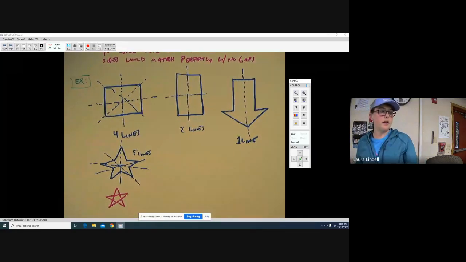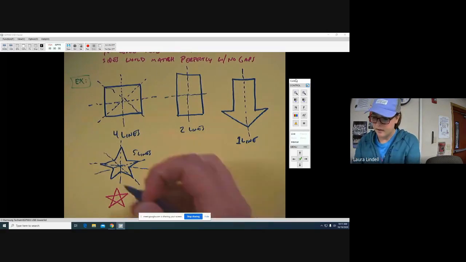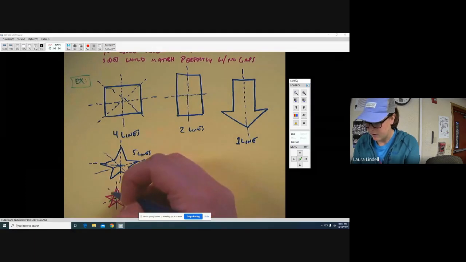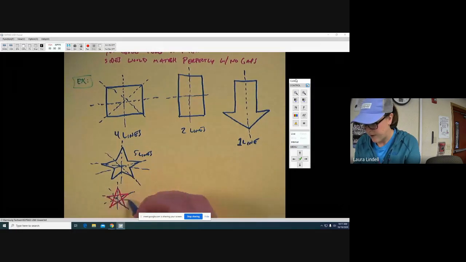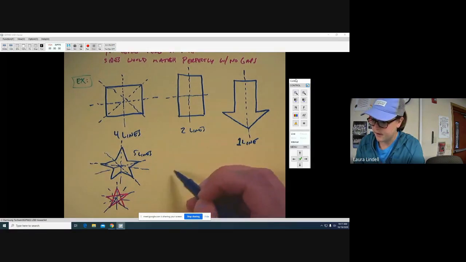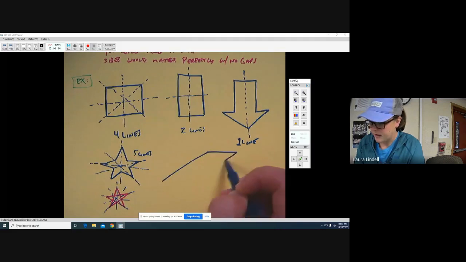So a 5-point star is going to have 5 lines of symmetry. This one would have the same 5 lines. So if you chose to draw your star in that fashion, also 5 lines. Okay. And then there are some shapes that don't have lines of symmetry at all.